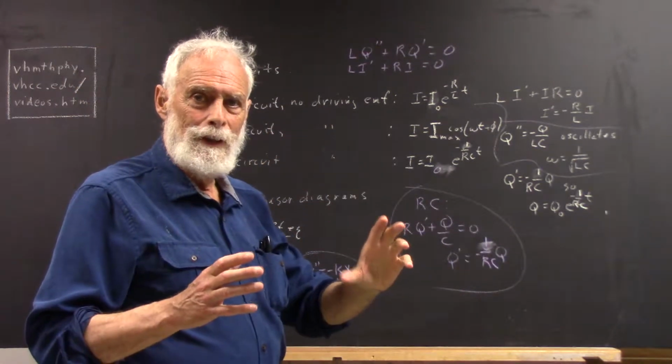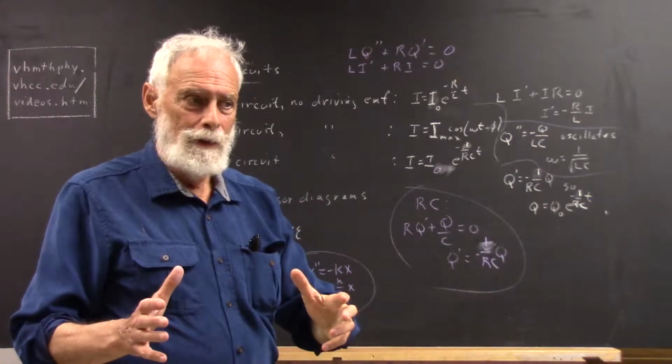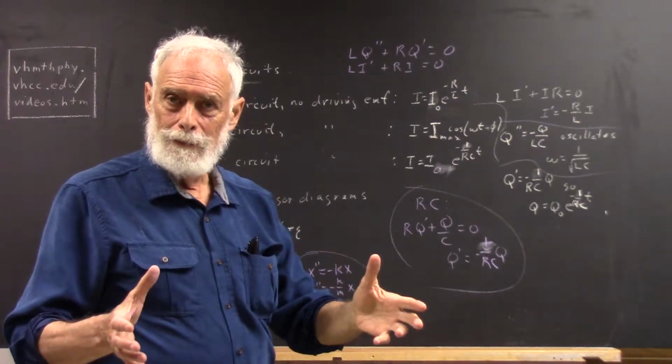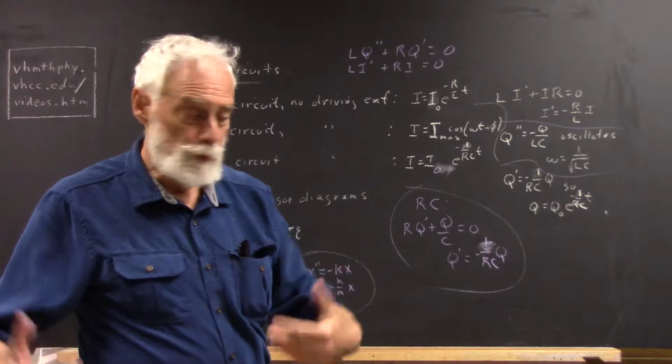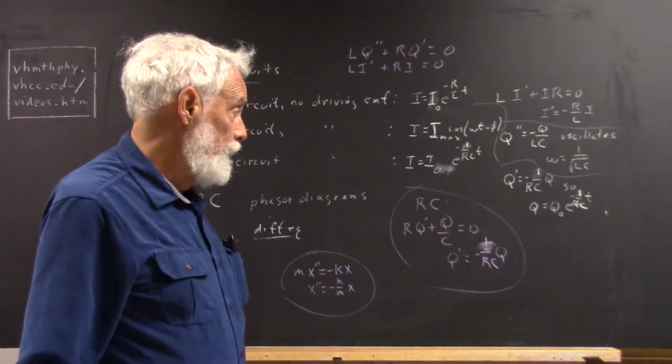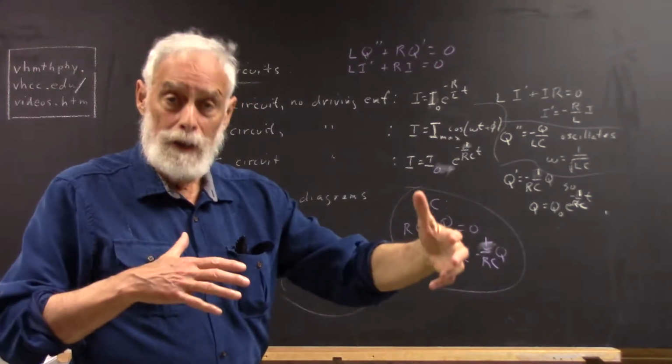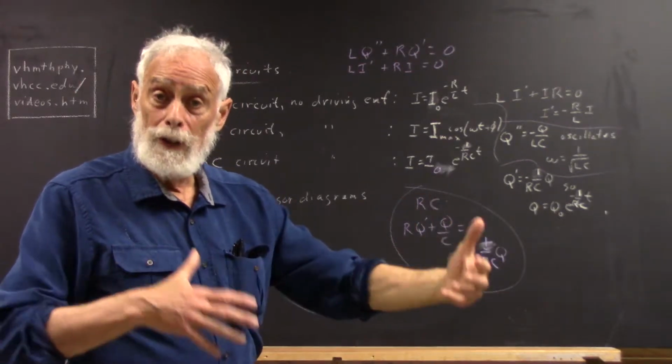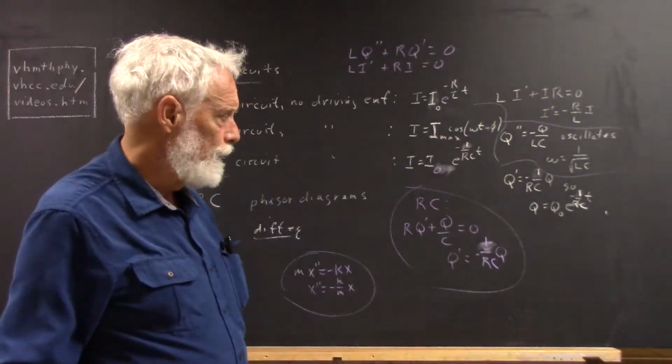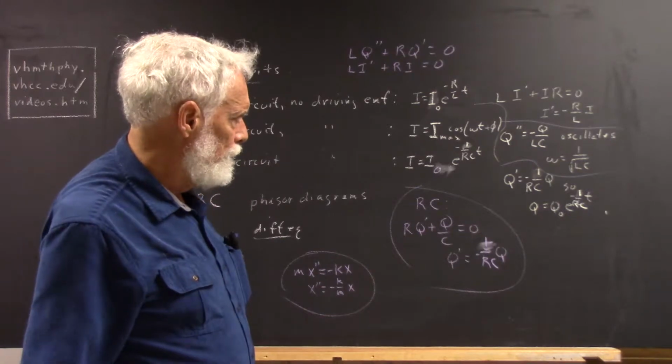Many systems of completely different types have exactly the same mathematics, or closely related mathematics. So if you understand one, you can understand the other, and you don't have to relearn all the mathematics. You want to look for things like that.